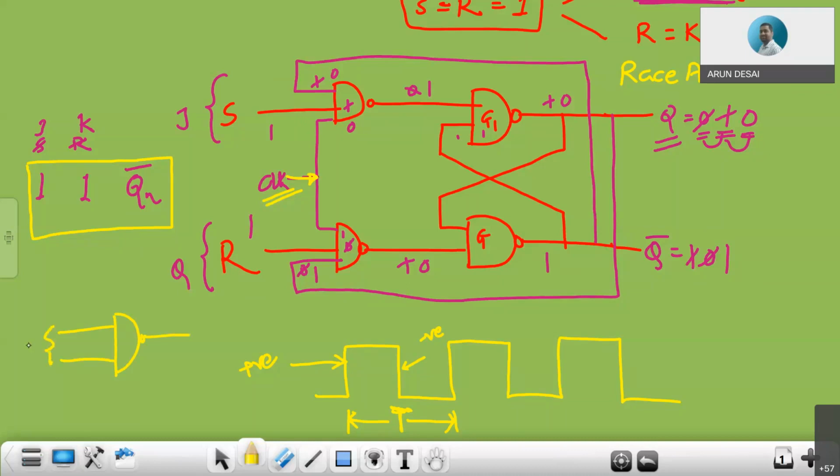Those are inputs, and this is my output. The time taken for this conversion from input to output is called propagation delay.